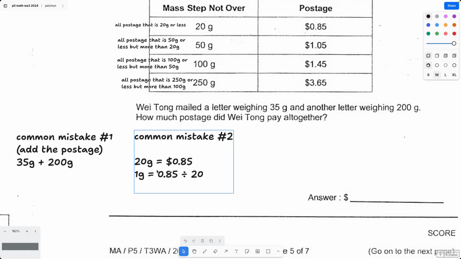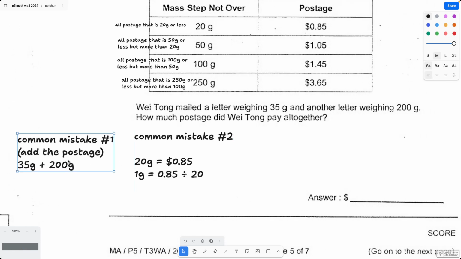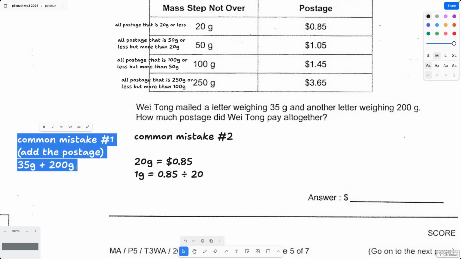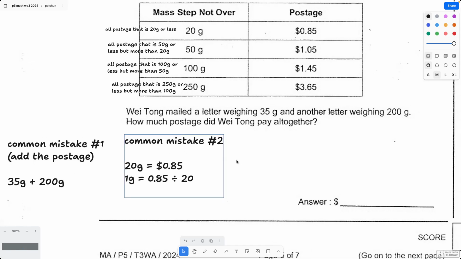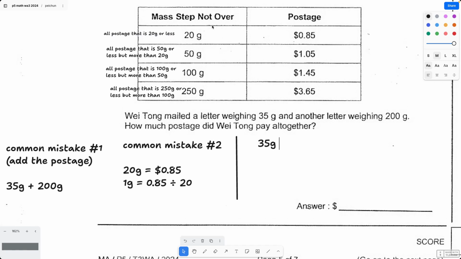In this case, we don't want to do these two common mistakes. Next, we will do the actual thing. So for the 35 grams, what we'll do is we want to see where it will go to.